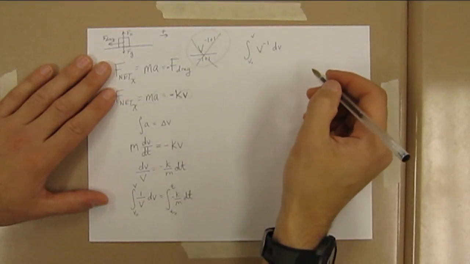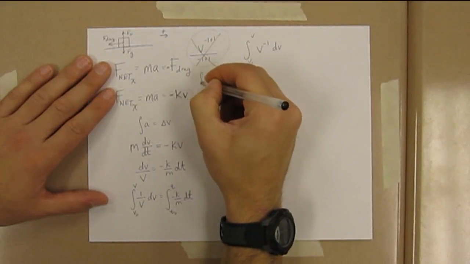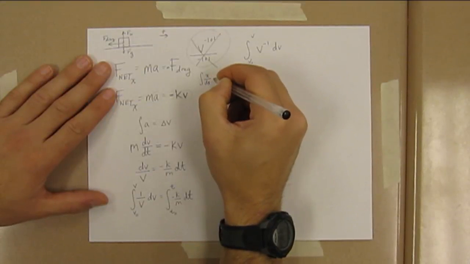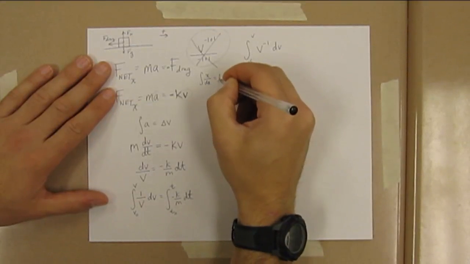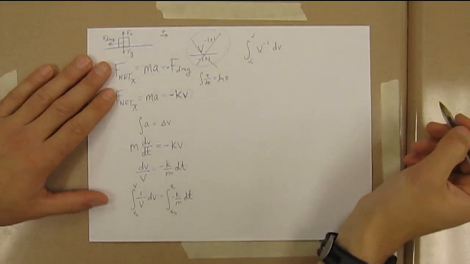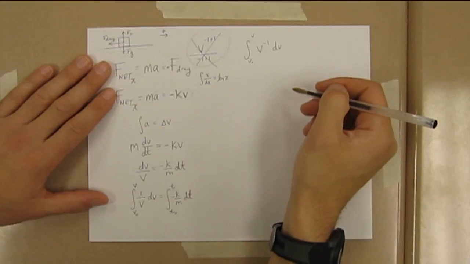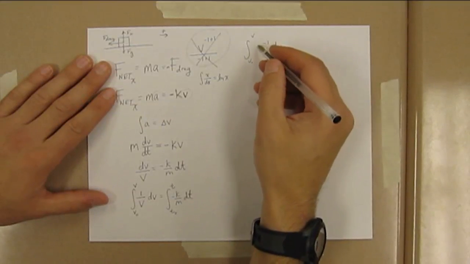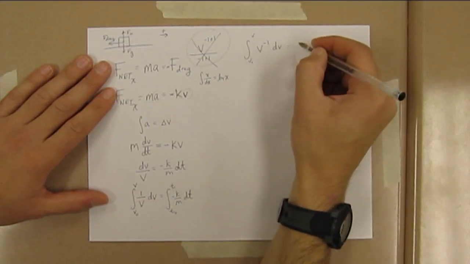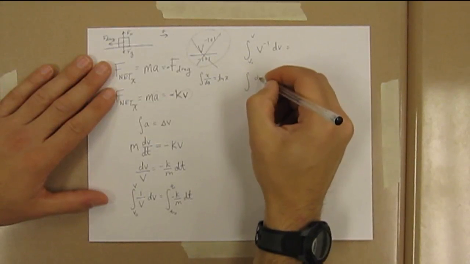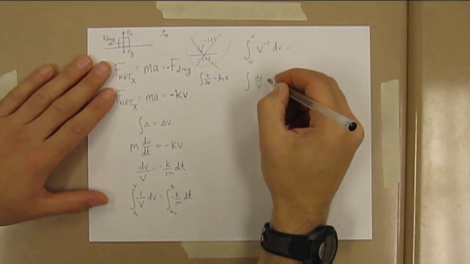But there's an integral that you can look up. And the integral is that the integral of 1 over x dx is equal to the natural log, ln of x. So that's good, because that applies here. Basically, what we have is v to the minus 1, and that is dv over v.